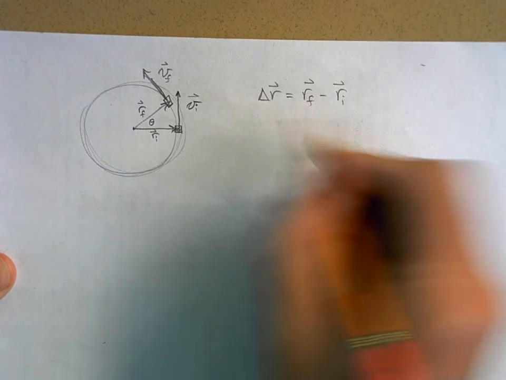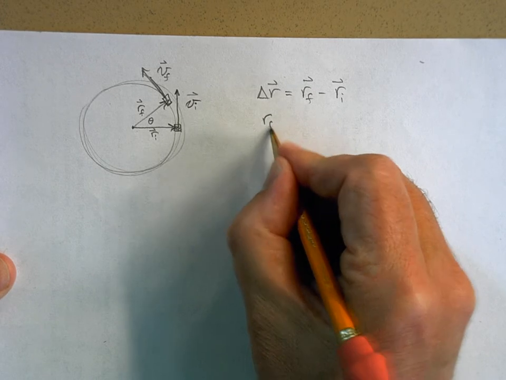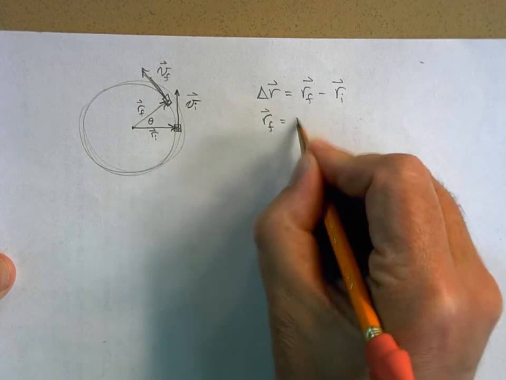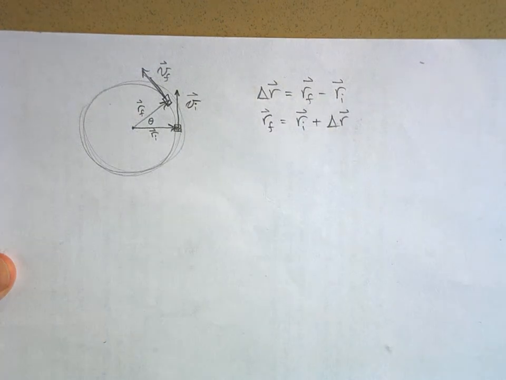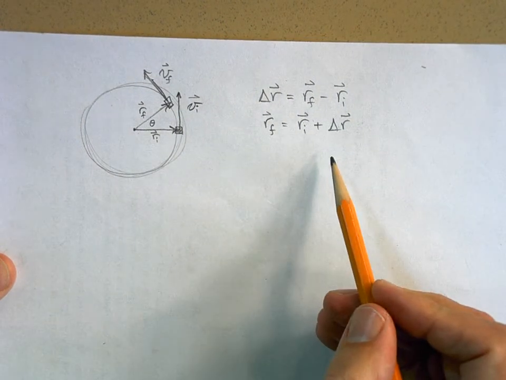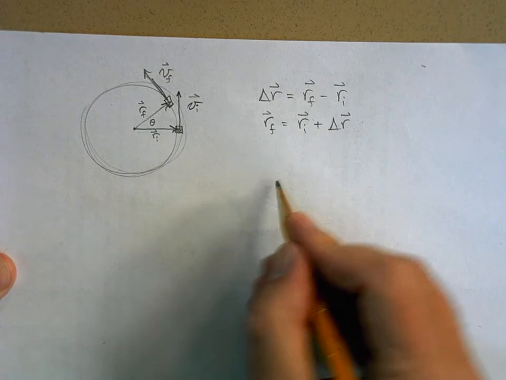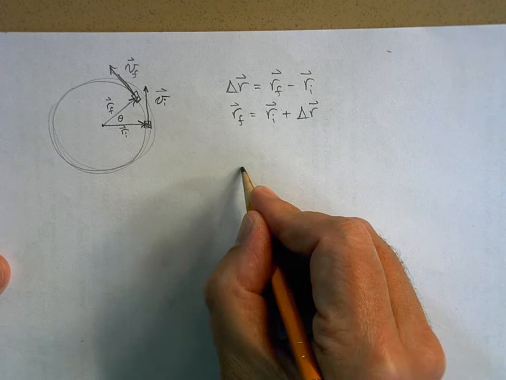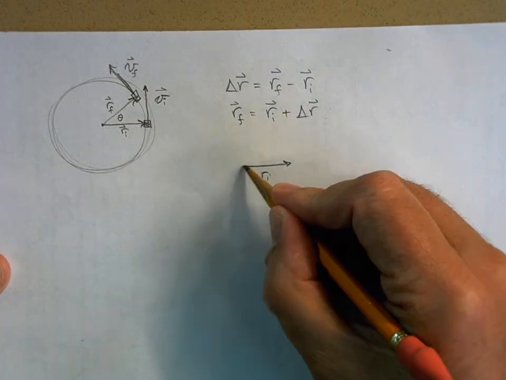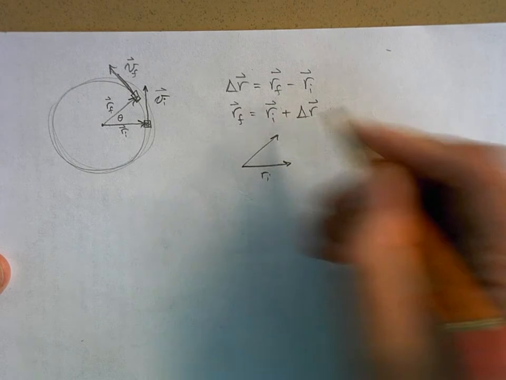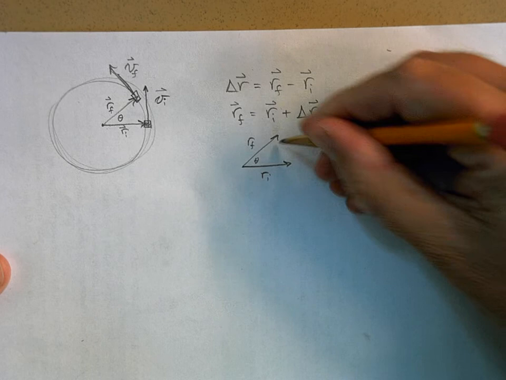And then I can rearrange this and say, okay, look, R final equals R initial plus my change in R. This is a vector equation, and I'm going to redraw it right below here. So here's R initial, and then here's R final, and then here's delta R.